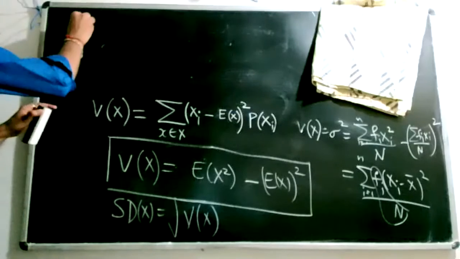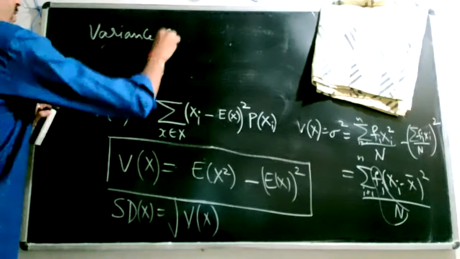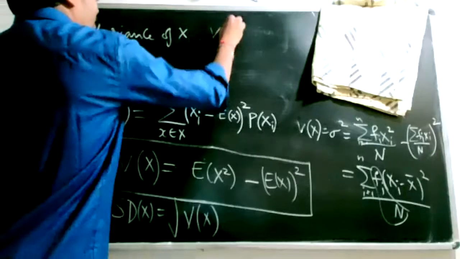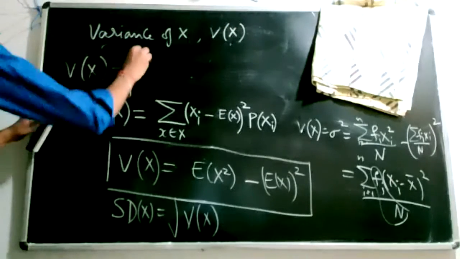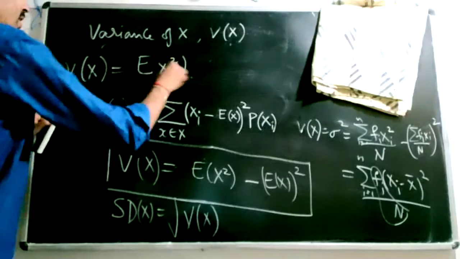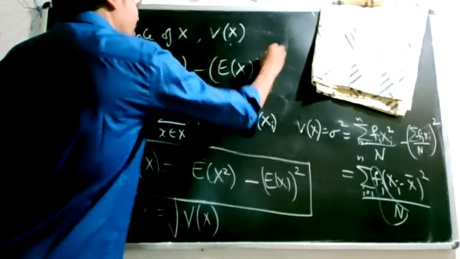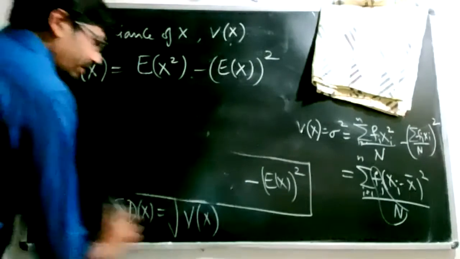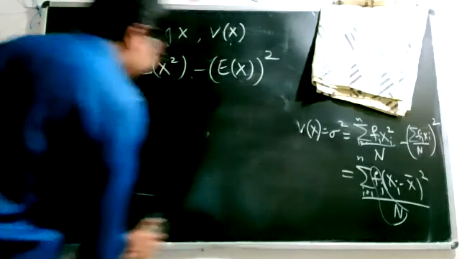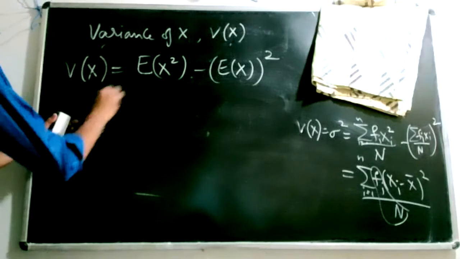So variance of x, indicated by v of x, has a common formula for both discrete as well as continuous case. Only thing, the difference is how you define the expectation, whether in terms of the summation or in terms of the integration.